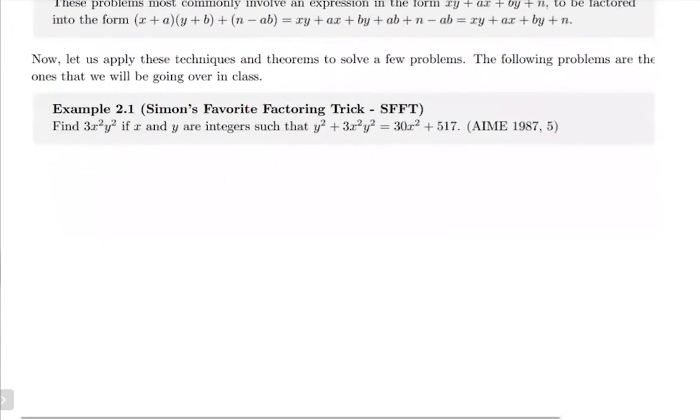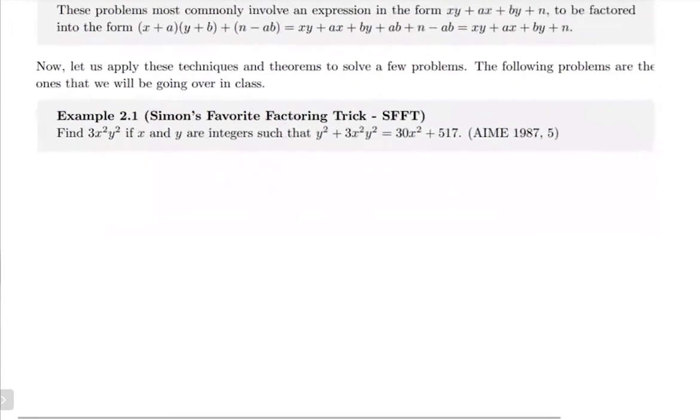So let's look at an example of Simon's favorite factoring trick. It says, find 3x squared y squared if x and y are integers, such that y squared plus 3x squared y squared plus 30x squared plus 517.